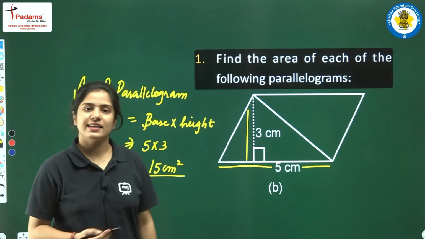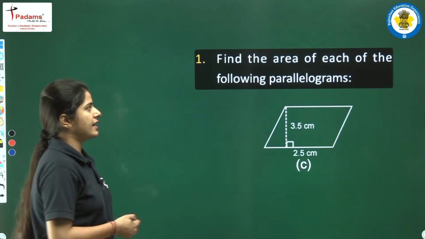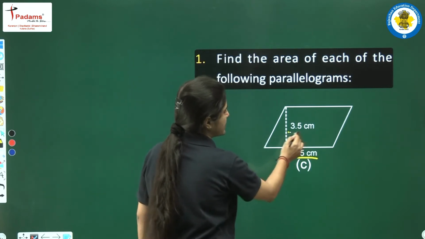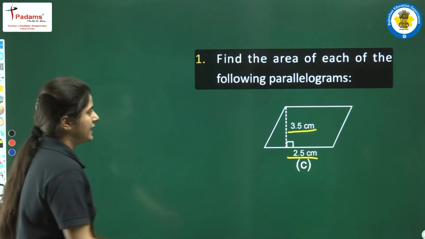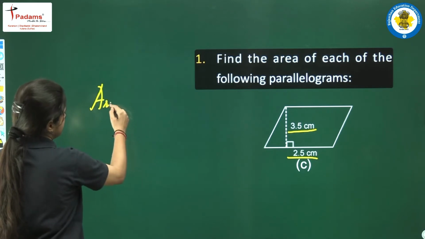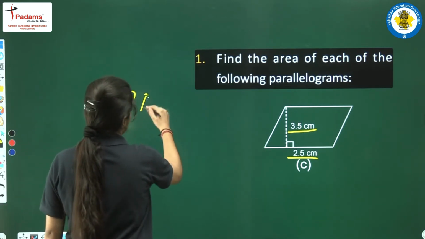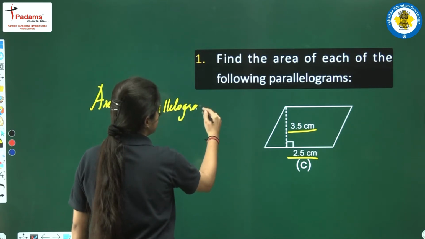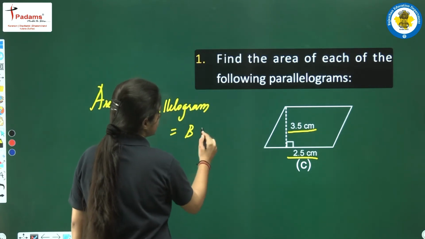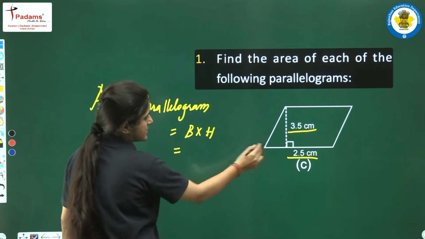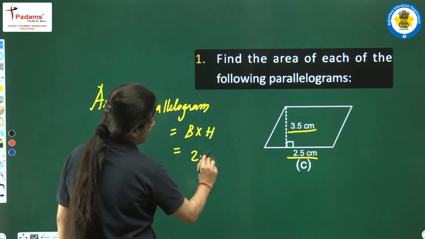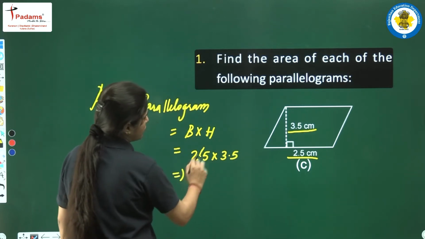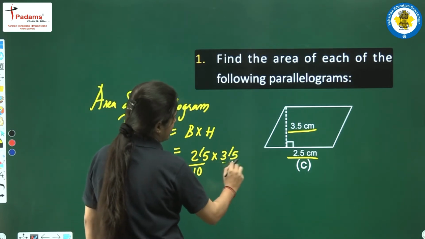Alright, looking at the next question, students, what is that? Find the area of each of the following parallelograms. This is 2.5 and this is 3.5. So the area of parallelogram is equal to base into height, that is equal to base is 2.5 and height is 3.5. Alright students, remove the decimals, over 10 it is.